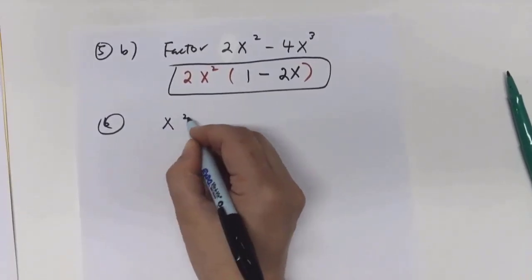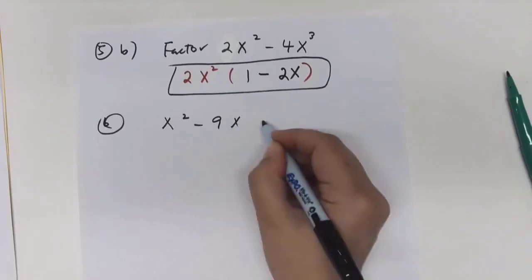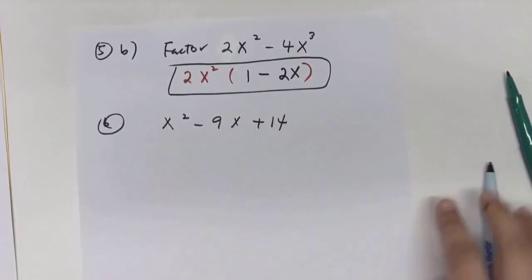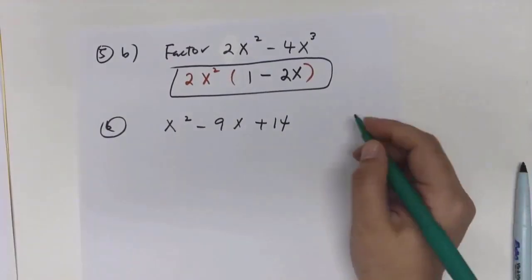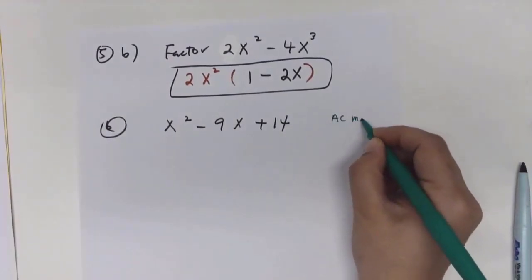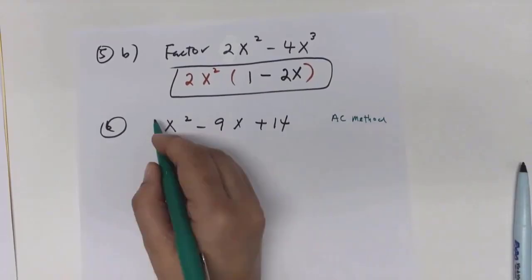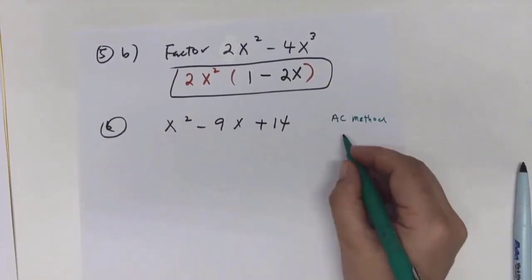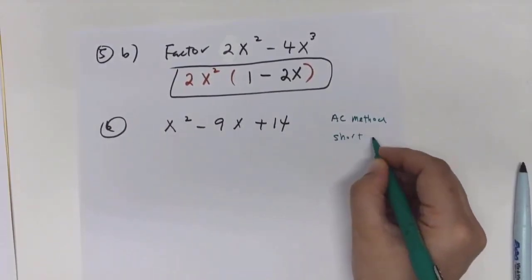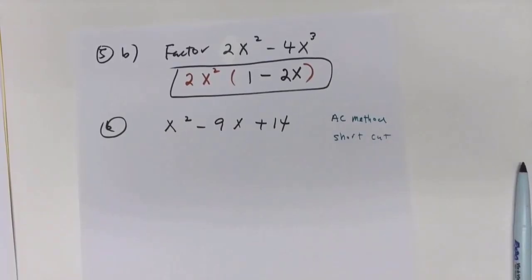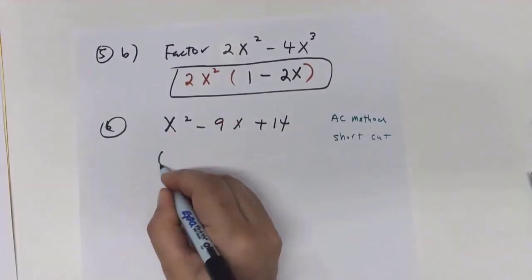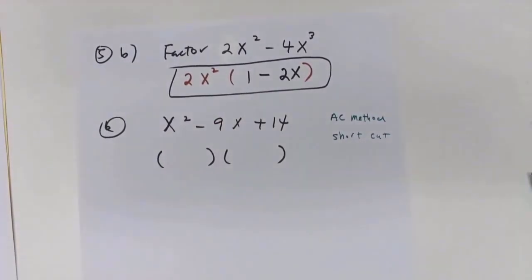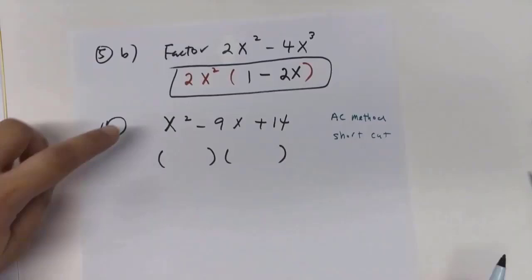X squared minus 9x plus 14. When you have 3 terms, you can either try the AC method, but if the leading coefficient is 1, you can try the shortcut also. So if we try the shortcut, what times what would be x squared?